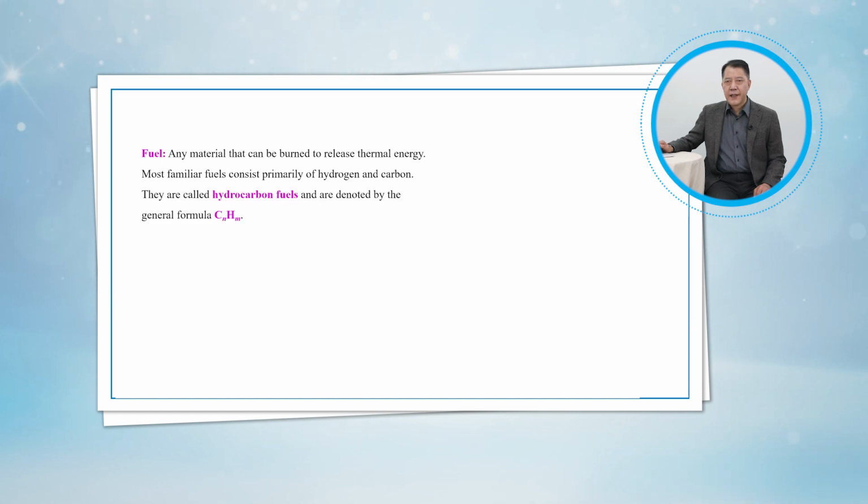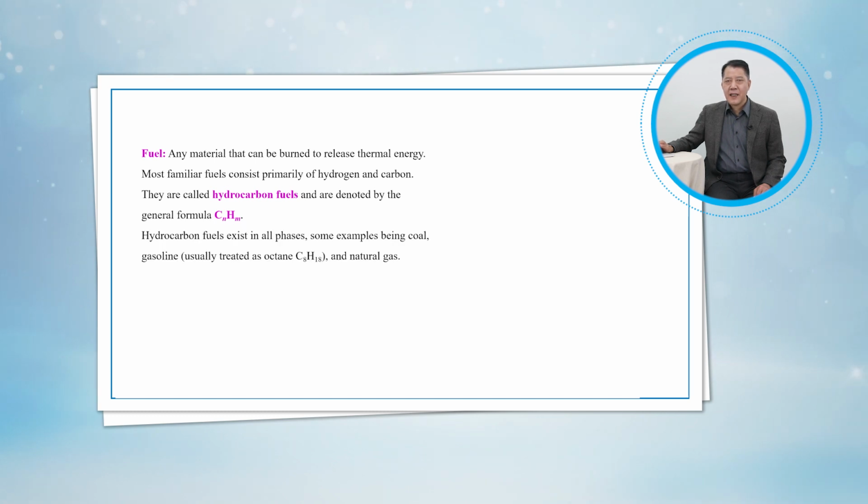They are called hydrocarbon fuels and are denoted by the general formula CnHm. Hydrocarbon fuels exist in all phases, some examples being coal, gasoline, and natural gas.